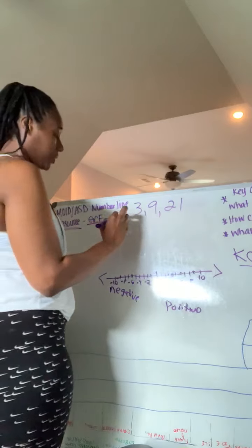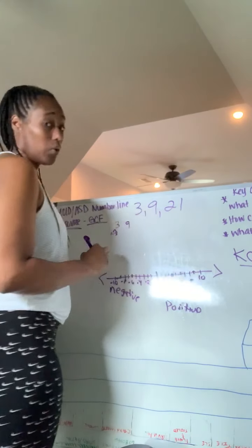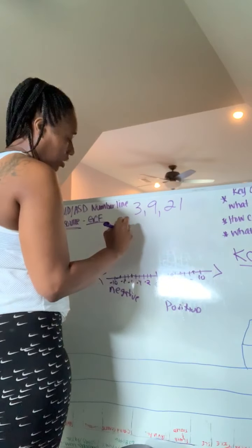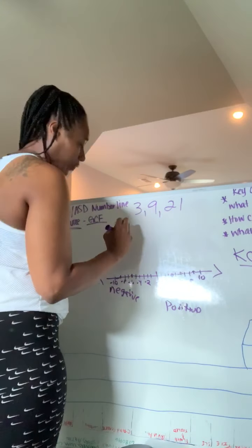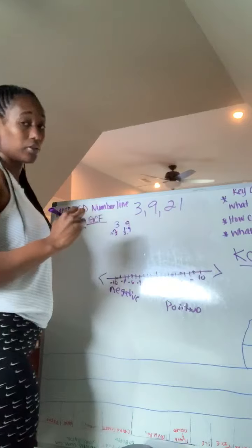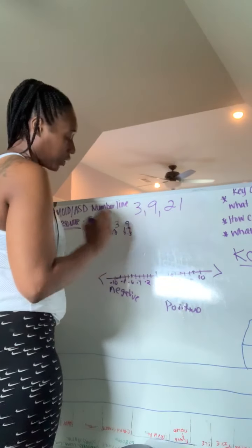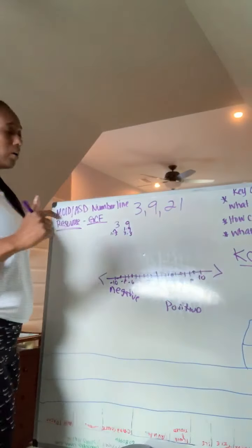So we come to 9. What gives us 9? We have 1 times 9, and we have 3 times 3 will give us the number 9.